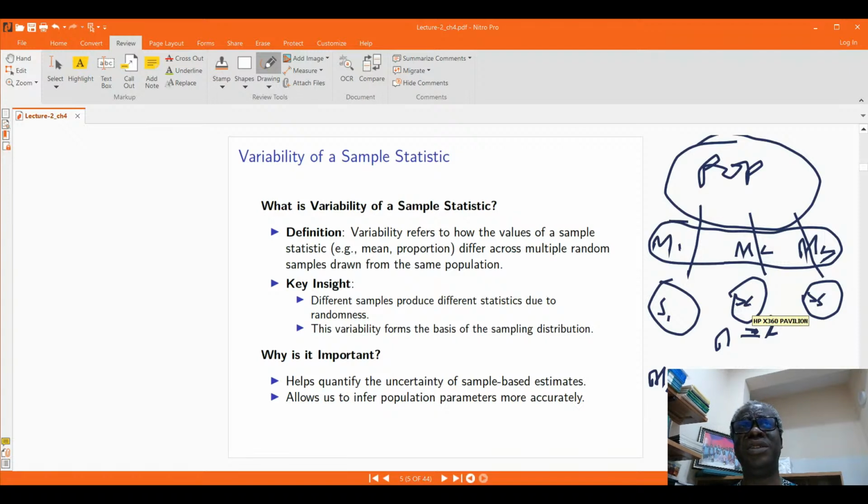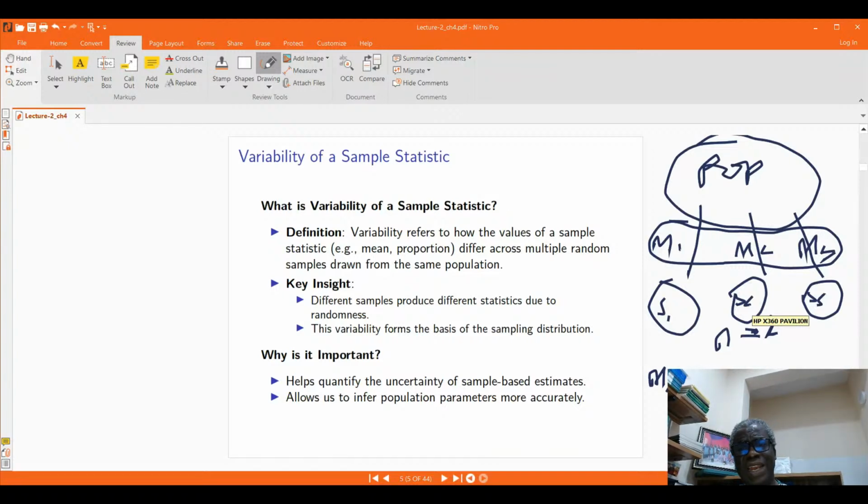So if we need to say with a level of confidence how variable the estimate is, then we need to study the sampling distribution of that estimate.